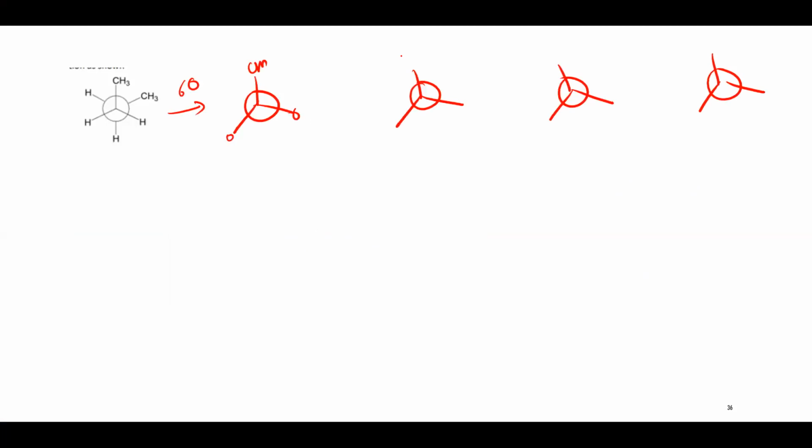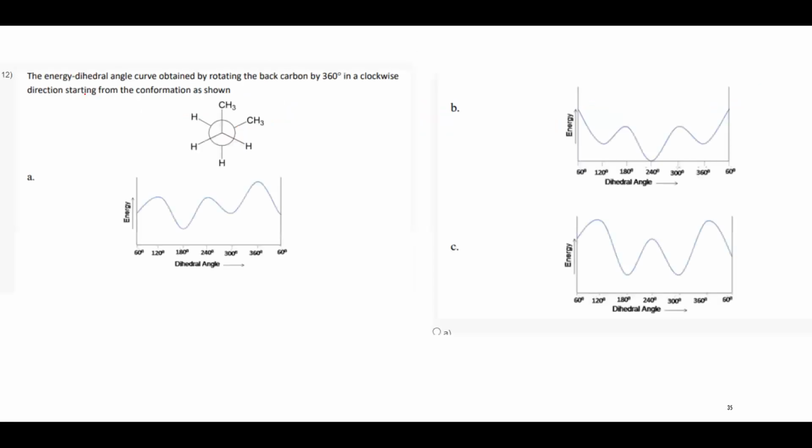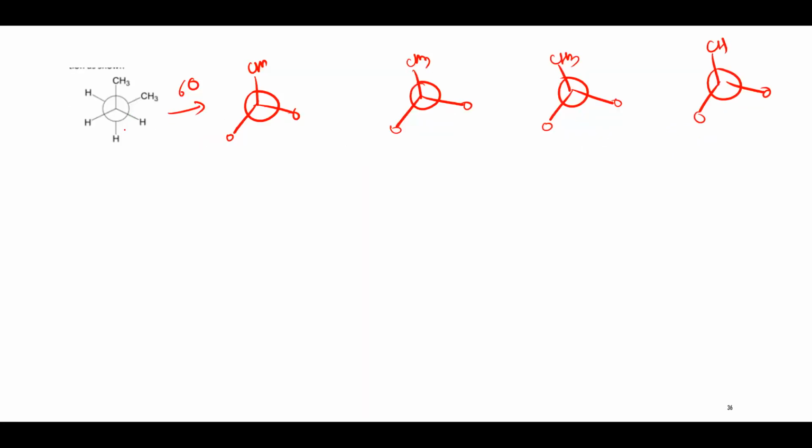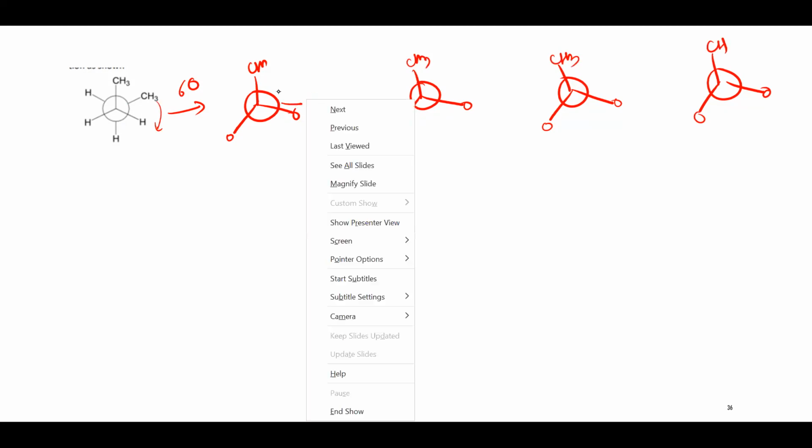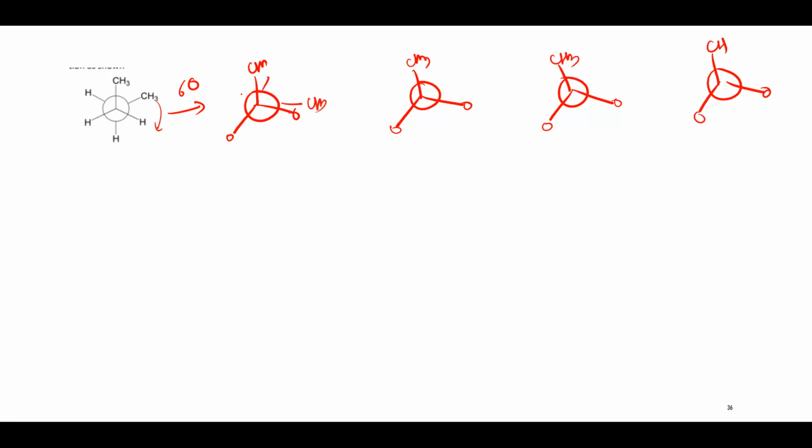For hydrogen, I will draw a circle just to save time. This is the CH3. The front carbon atom is the same in all configurations. We just need to rotate the back carbon atom, because they have asked us to rotate the back carbon atom up to 360 degrees in the clockwise direction, starting from the structure they have given. So we have taken the structure as they have given. If you rotate the structure, the CH3 will be here, and the hydrogen will be eclipsed to the other group.